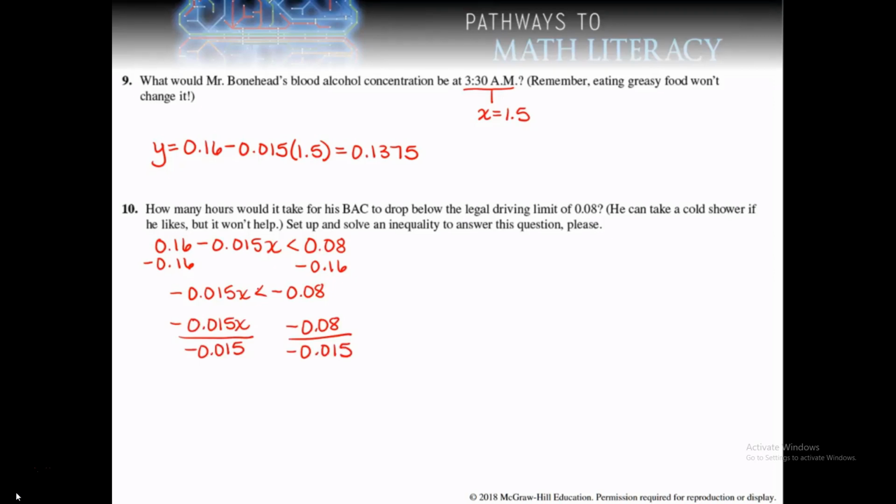So this will now be a greater than. So we're going to have x greater than about 5.33, or 5 1/3. And so what that tells me is after more than 5.3 hours have passed, he'll finally be below the legal limit of 0.08.